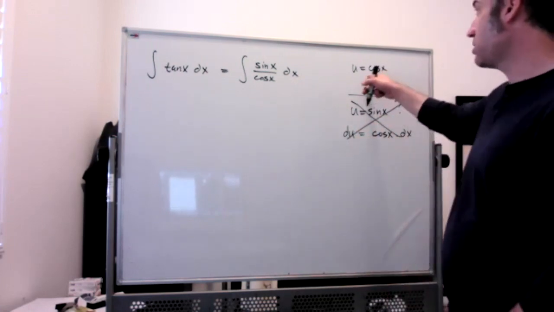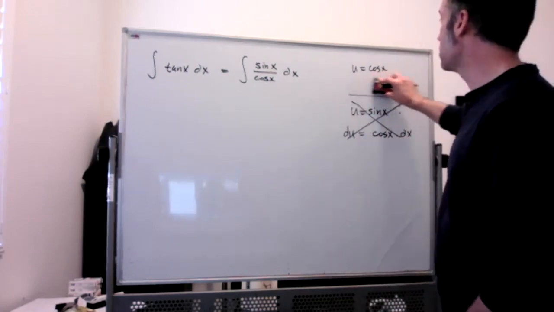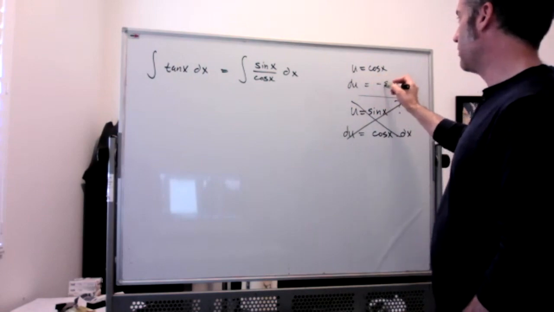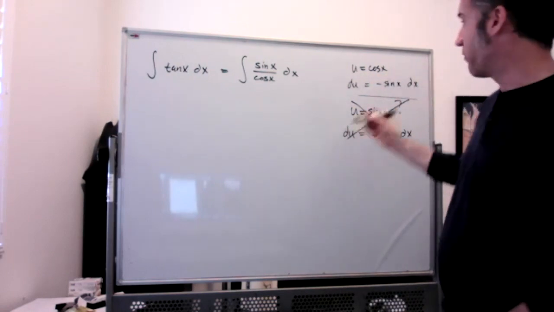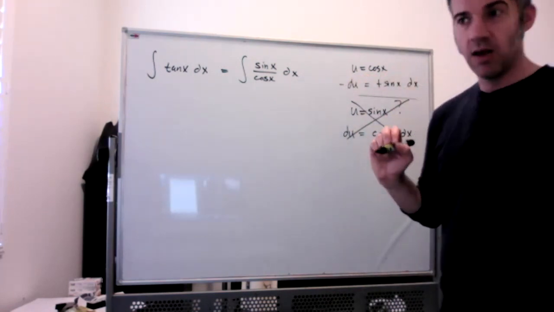If we let u equal cosine, on the other hand, then your du is going to be negative sine of x times dx. We're going to adjust for the negative: negative du is positive sine of x dx.